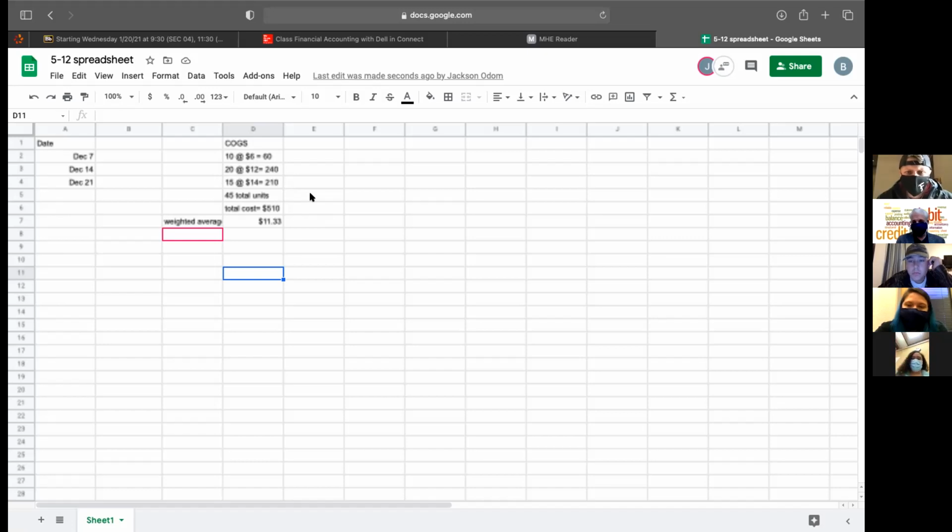How do we get the weighted average? We got the weighted average by taking the total cost of the goods available for sale, which was 510, and dividing it by 45, our total units, which gave us 11.33.